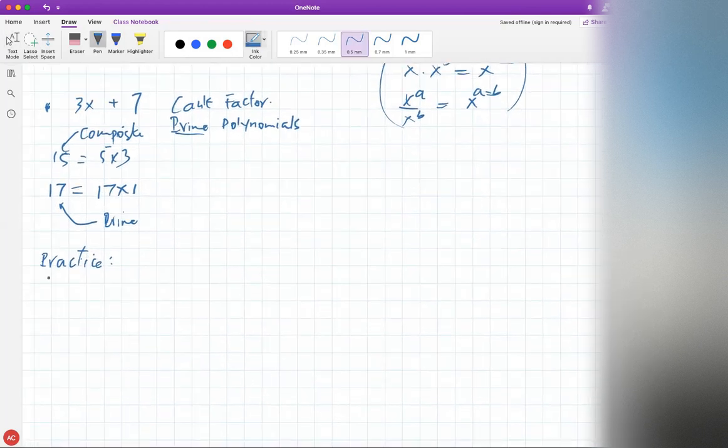And let me give you a few. So factor, negative, okay, so we have a binomial here, maybe another binomial.